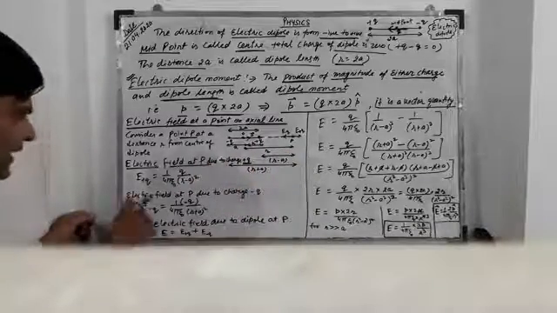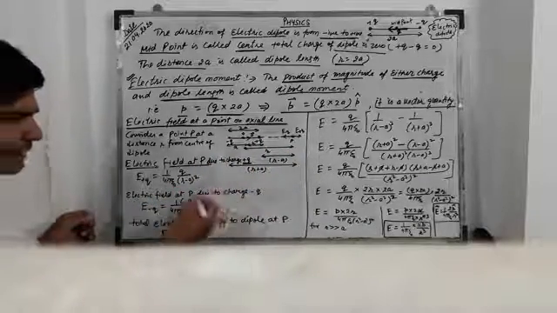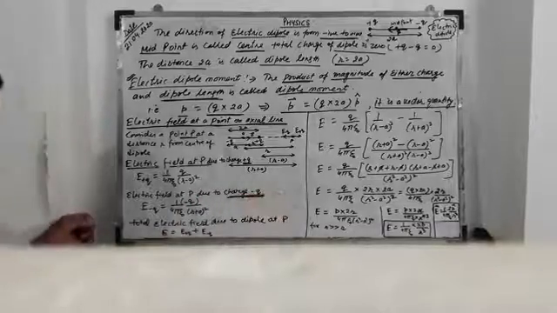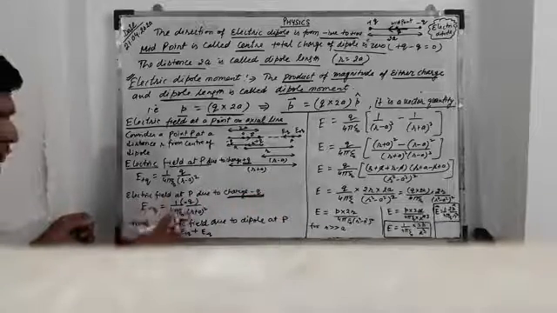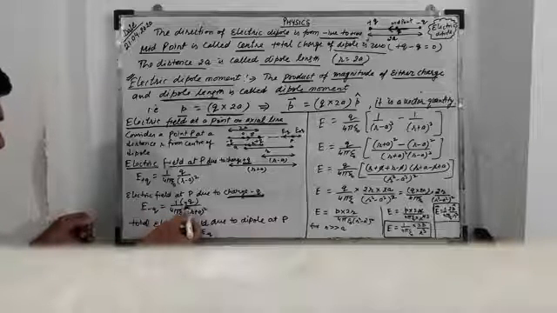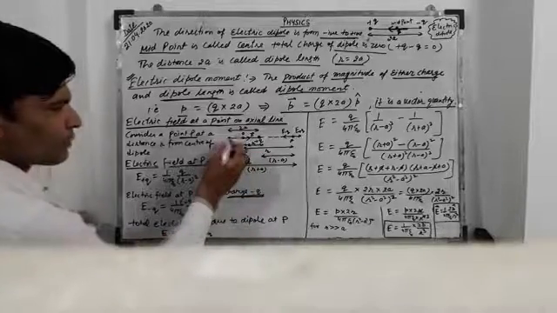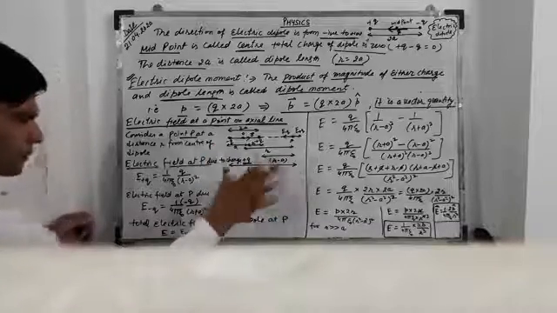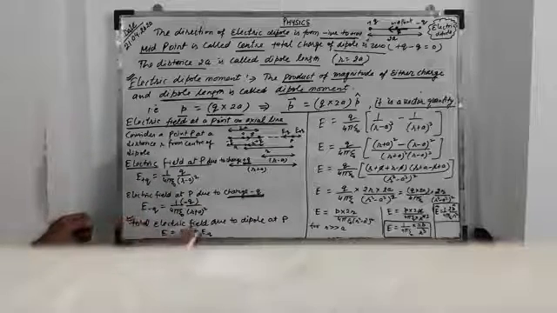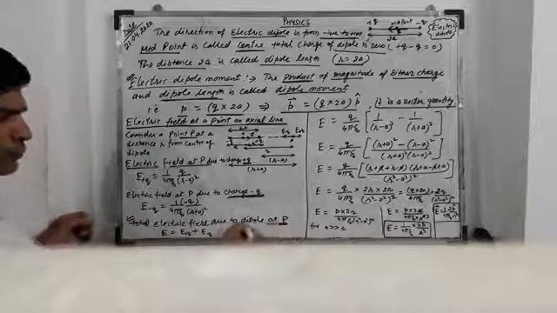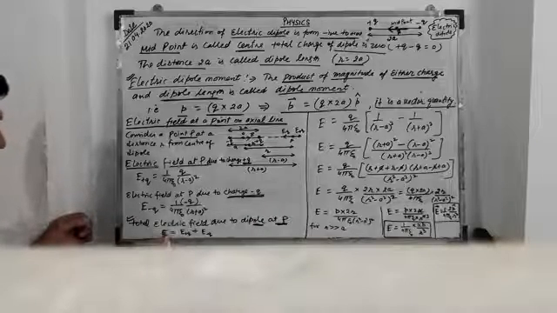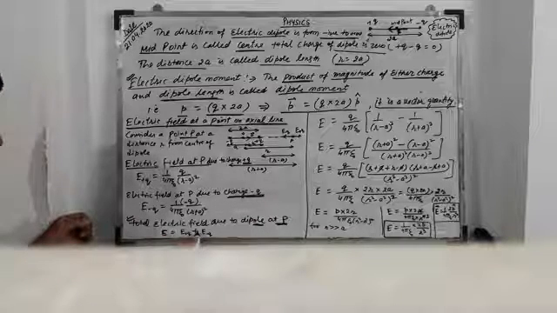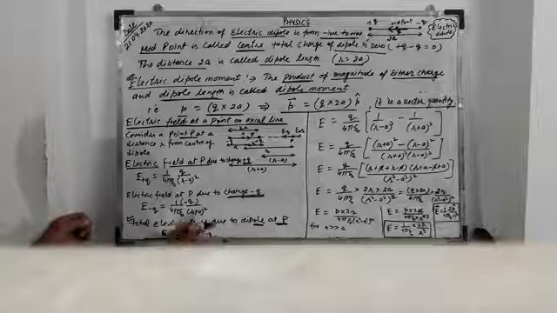Electric field at point P due to charge minus q, that is E minus q, is equal to 1 upon 4 pi epsilon naught, minus q upon (r plus a) whole square, because for minus q charge the distance is r plus a. Total electric field at point P due to the dipole, that is E, is equal to E plus q plus E minus q.